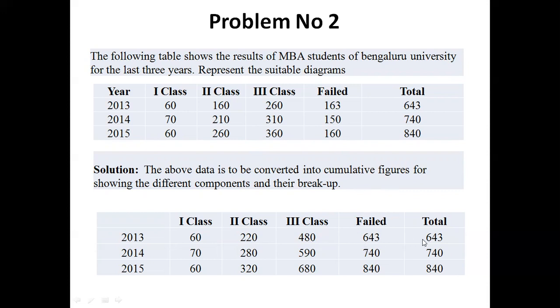So total is 643. Similarly, 70 plus 210 is 280, 280 plus 310 is equal to 590, 150 plus 590 is equal to 740. This is the second bar. Total bar length is 740.